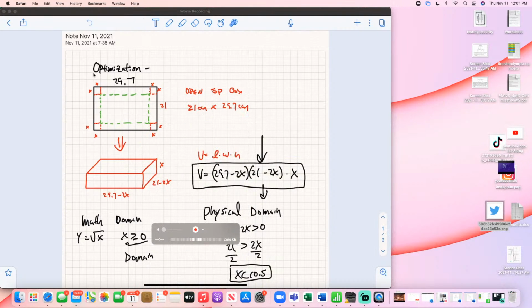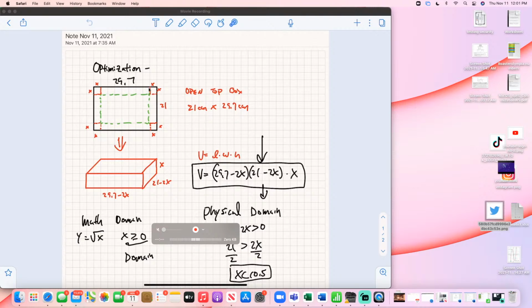So yesterday's problem, we have an optimization. We have 29.7 centimeters on the length and 21 on the other side, so 21 times 29.7. We're trying to form an open top box by cutting off each corner, and this corner we're going to call X. Ani did a very, very good job with the modeling.